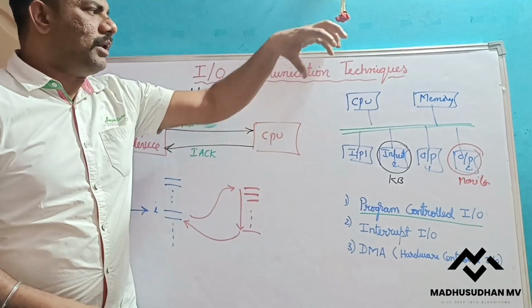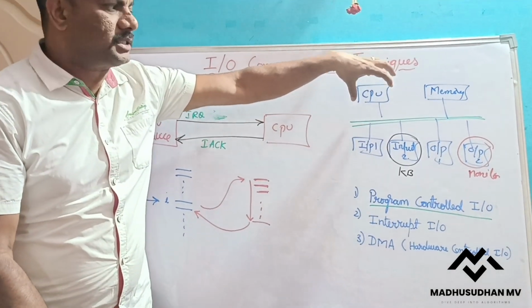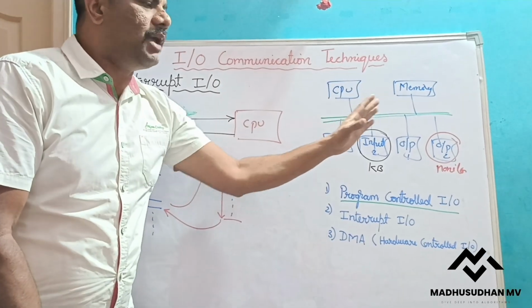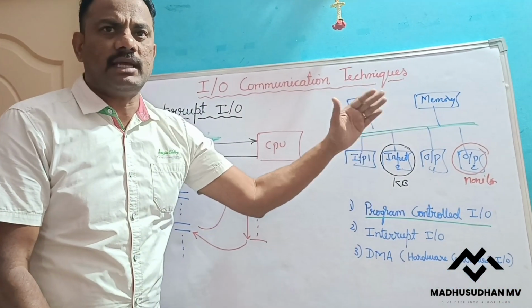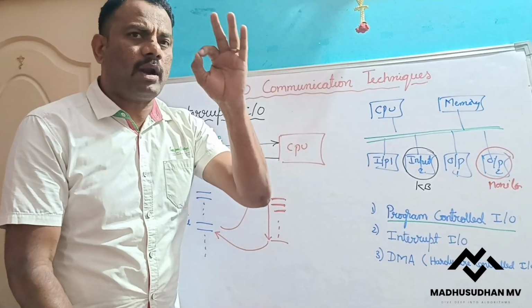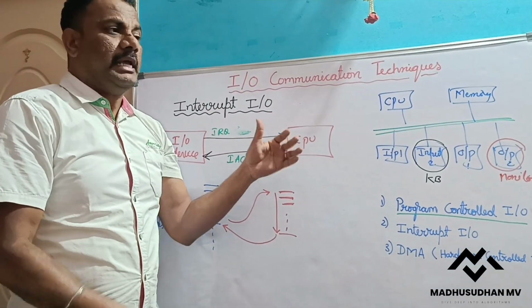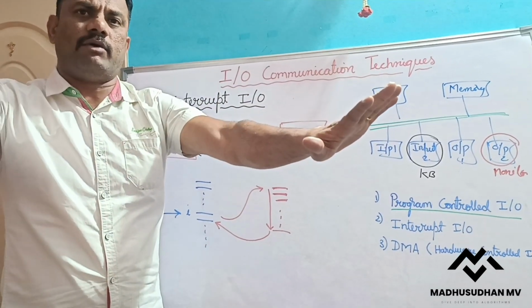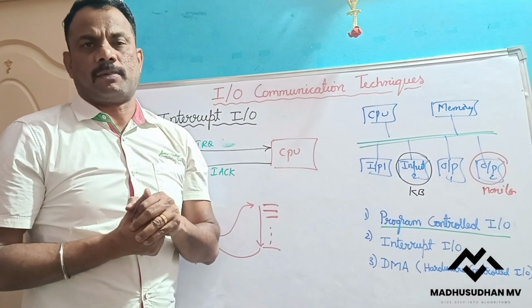For that, whenever the CPU is doing its task, it enables all the IO devices to raise the interrupt. Whenever any one IO device sends the request through that one interrupt request line, it disables all other IO devices until it completes the service of that particular IO device.